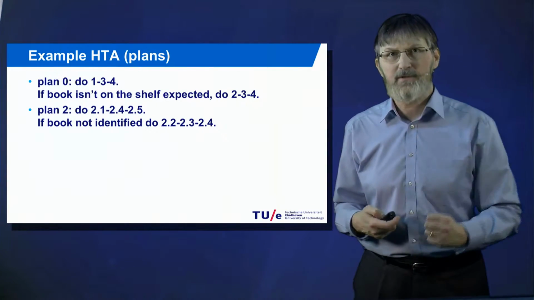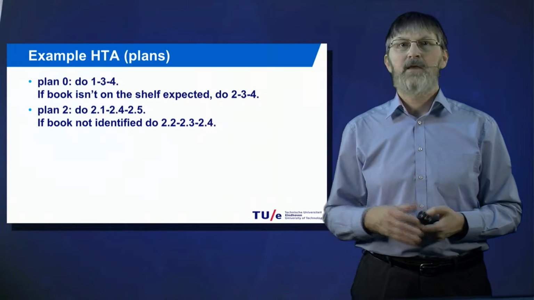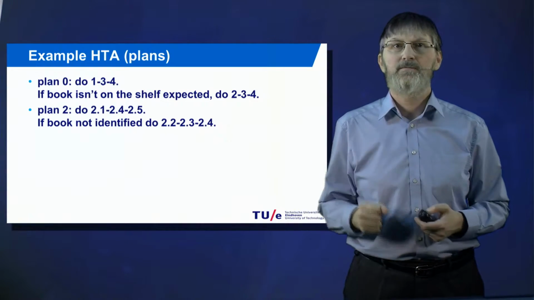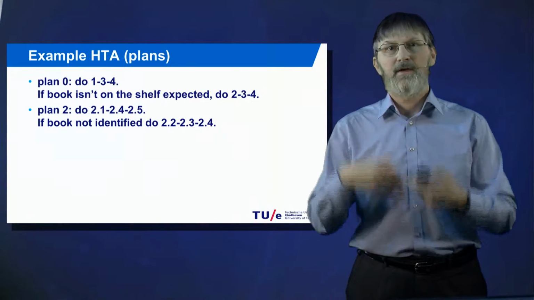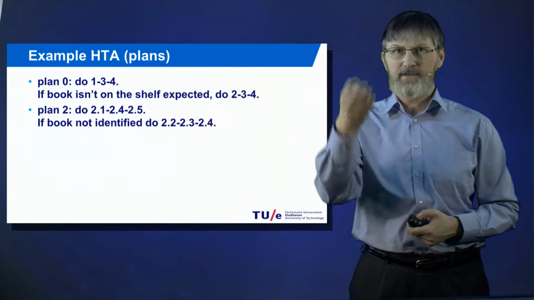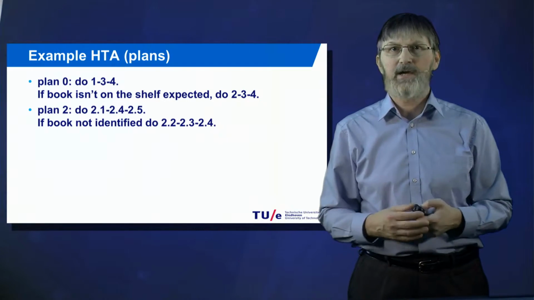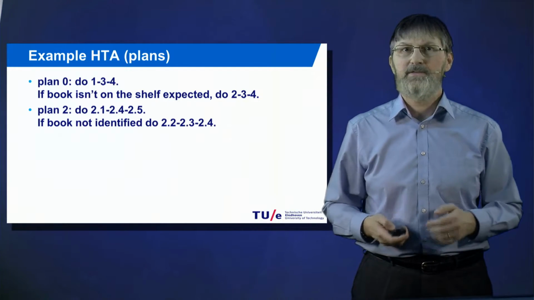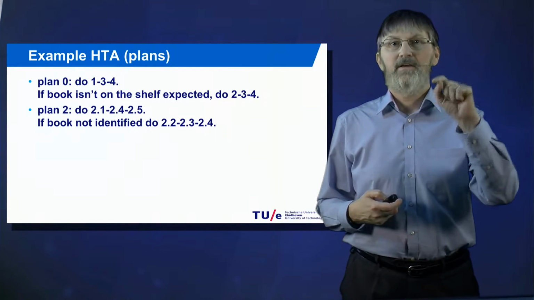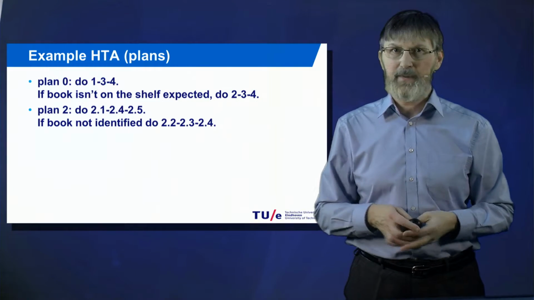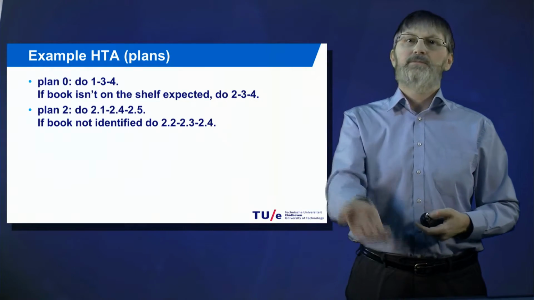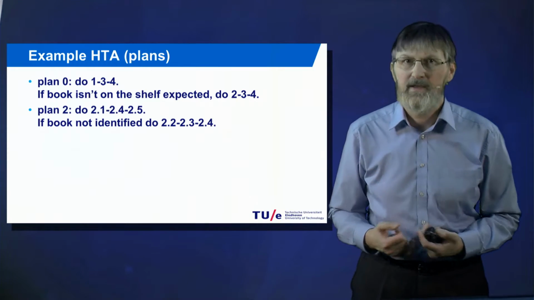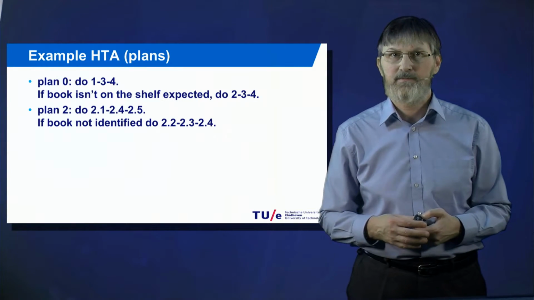So you can execute plan 0: I do 1, 3, 4. I go to the library, I go to the shelf where the book is and retrieve it, and I go to the checkout counter. I'm completely skipping step number 2, but if the book isn't where I expect it, I will have to step back, go to the library system anyway, and do the search.